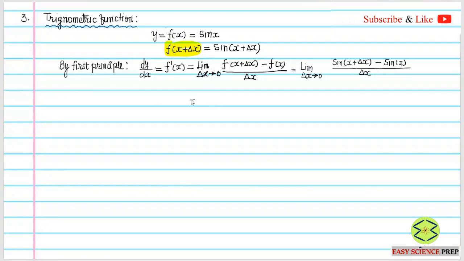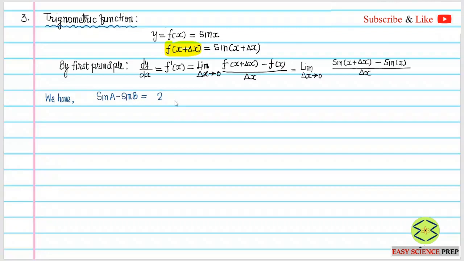So let us use that trigonometric result. What is sin A minus sin B?